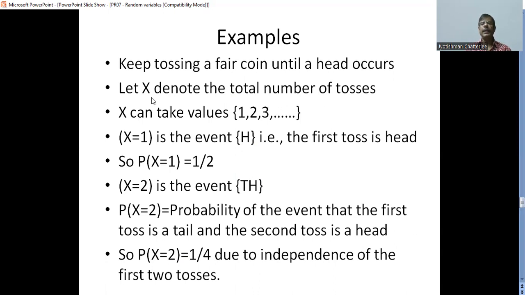Here we are counting the number of heads, denoted by capital X. The total number of heads in this random experiment can be 1, 2, 3, etc., because we are performing the experiment until a head turns up. So the possible values of X are 1, 2, 3, etc.